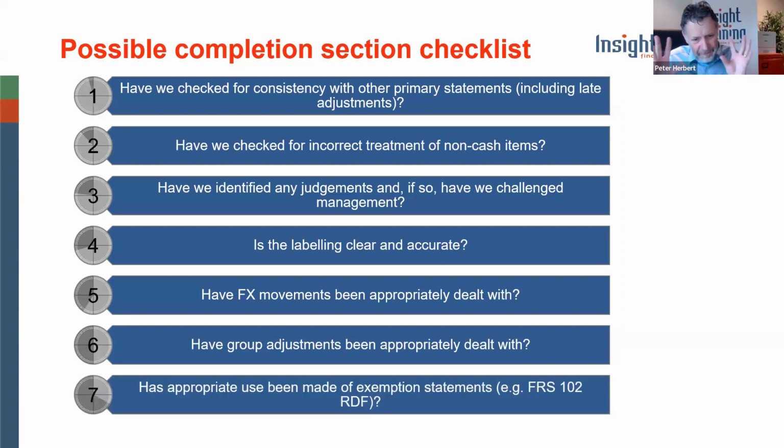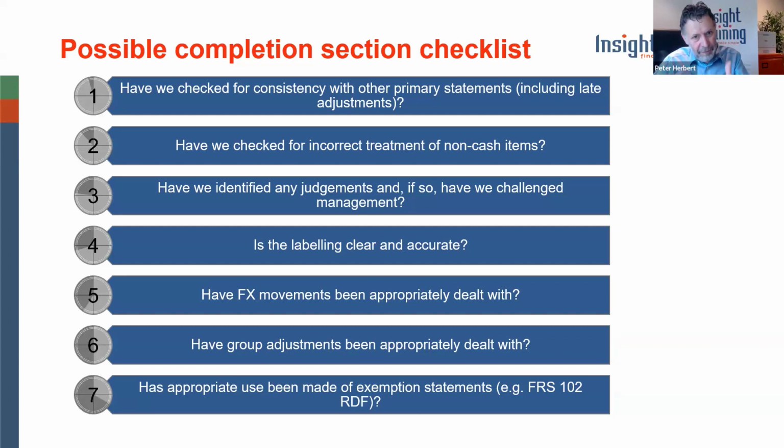And one that crops up very often, I would say, on our reviews, has appropriate use been made of exemption statements? If you're looking again at a set of consolidated accounts where you've got the parent figures and the group figures presented together, very often what you'll find is you've got the group cash flow in the consolidated financial statements, but the parent company cash flow is excluded. Now, that exclusion is not automatic.